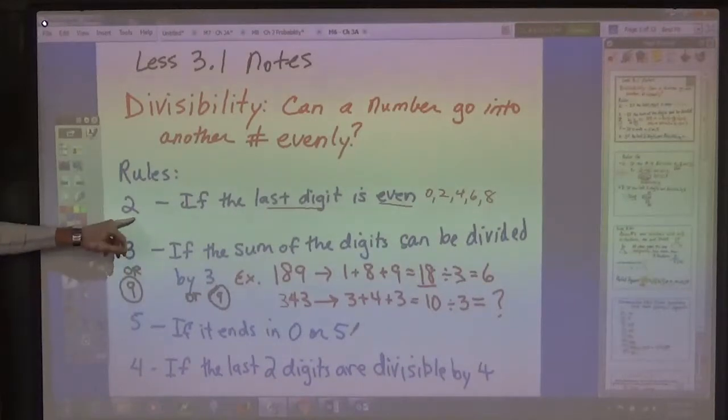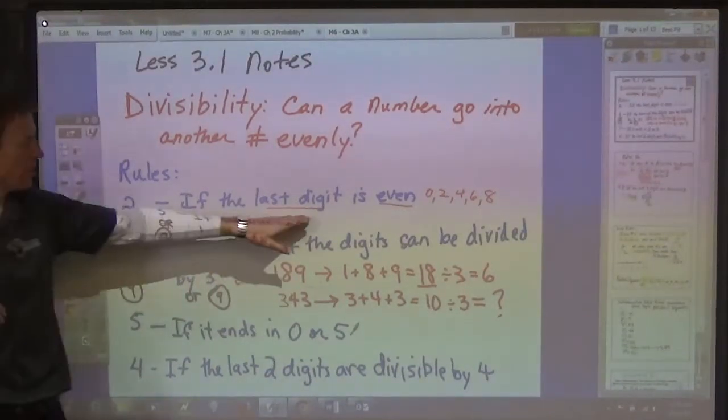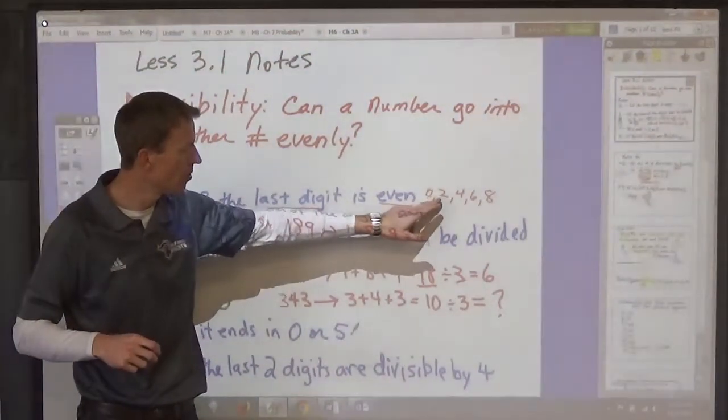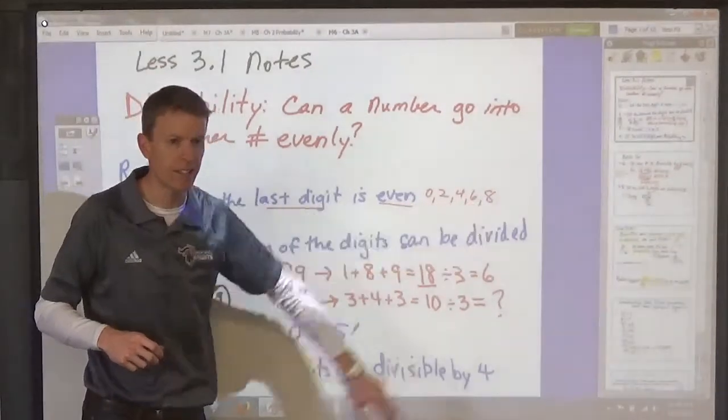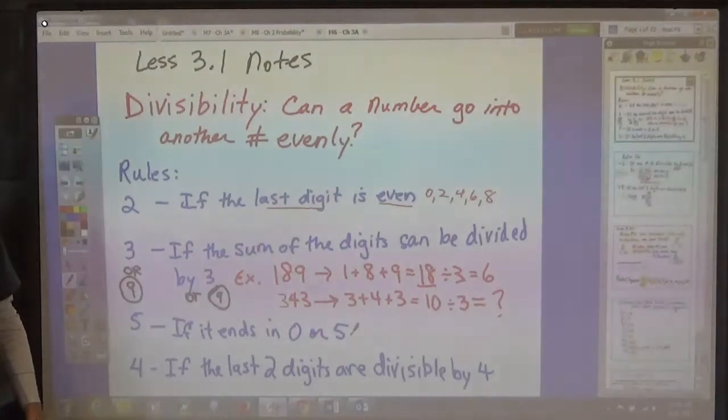So for example, the rule for 2 is simple. It's all even numbers are divisible by 2. You can always cut an even number in half, right? It's divisible by 2. So if the last digit of the number is either 0, 2, 4, 6, or 8, then you know that it's divisible by 2, no matter what the number is.